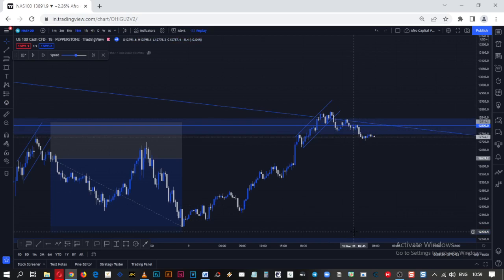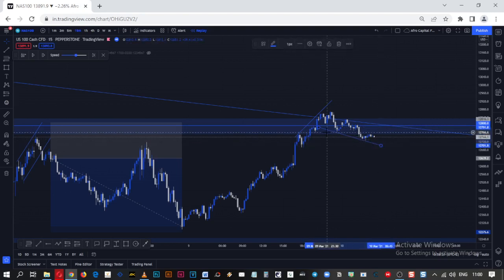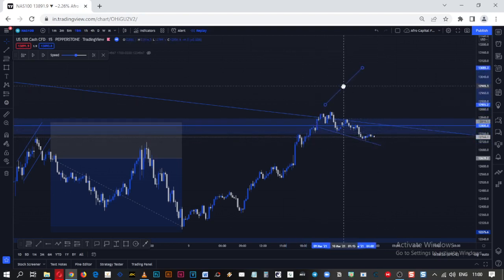But then do remember that I would categorize this as an impulse, a push pull, and then this is a correction. So my chosen pattern would not necessarily be a reversal, but a continuation.